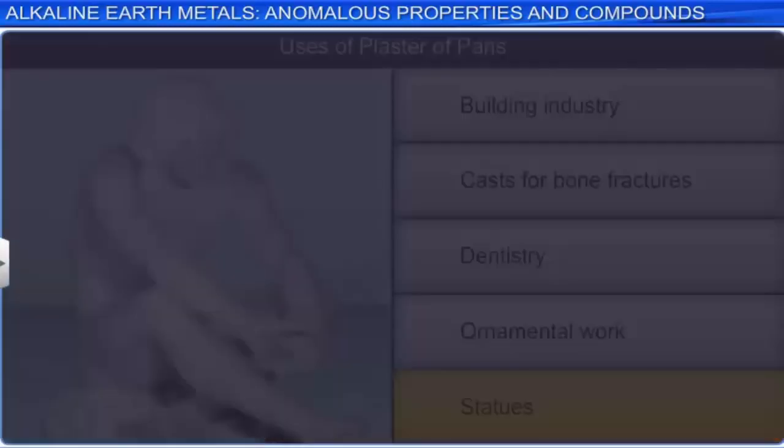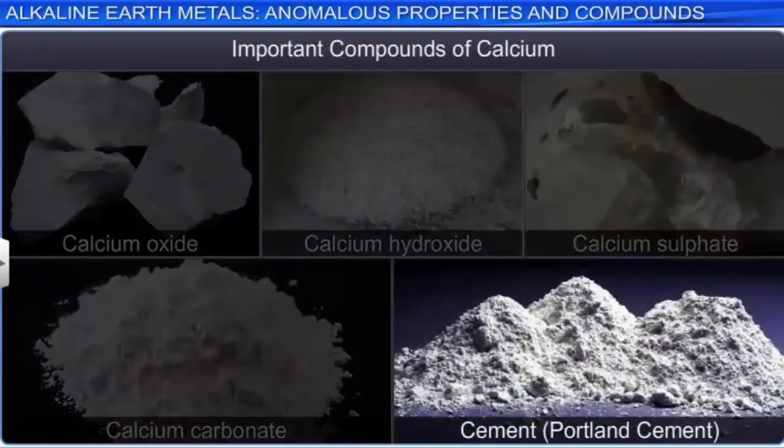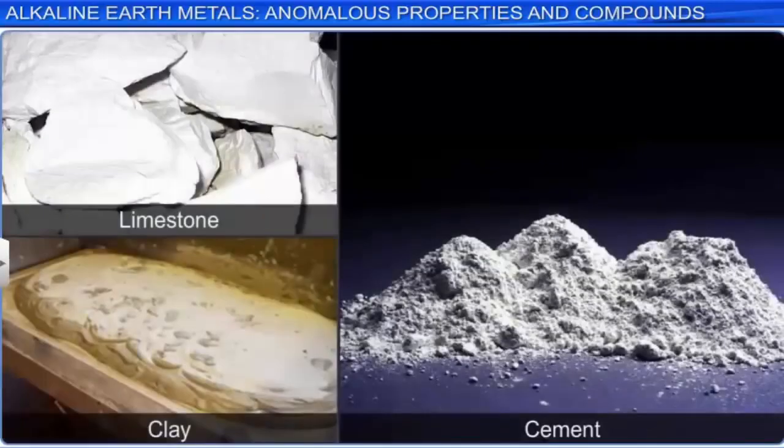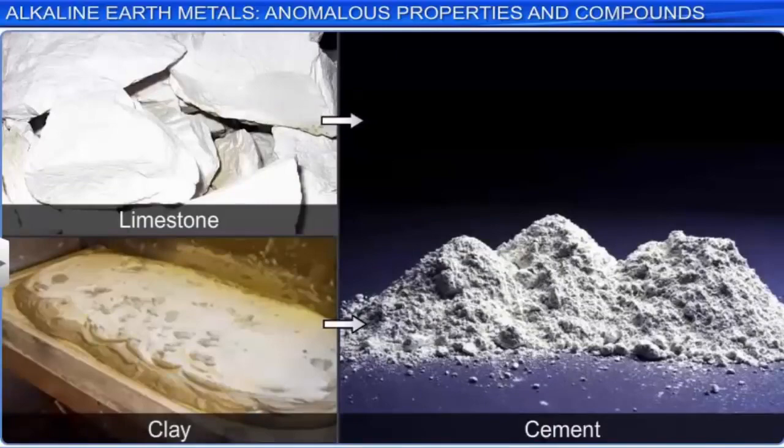Cement, or Portland cement as it is often called, is another important compound of calcium. The raw materials for making cement are limestone and clay. The composition of cement is not fixed.